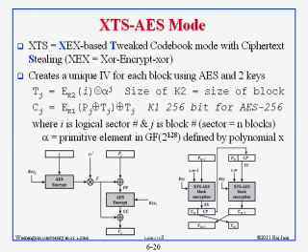So you multiply it with alpha j, which simply means multiply by x raised to j, and that gives you the tweak, and you use it at two places. You take the plain text, XOR, encrypt, and XOR.